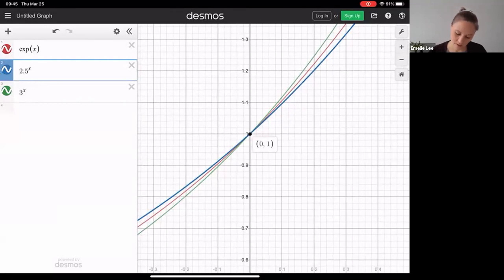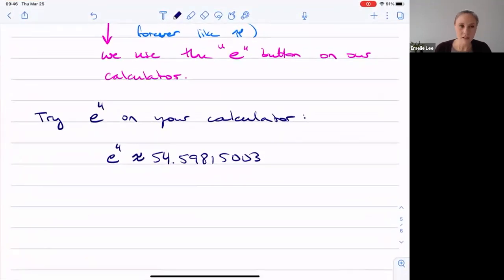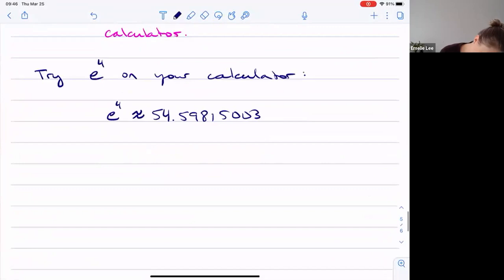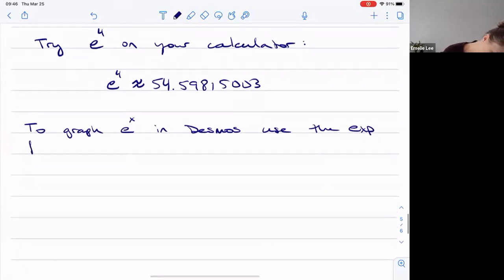Okay. So on Desmos, to graph e to the power of x, use the exp function.